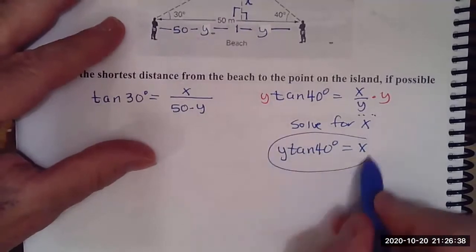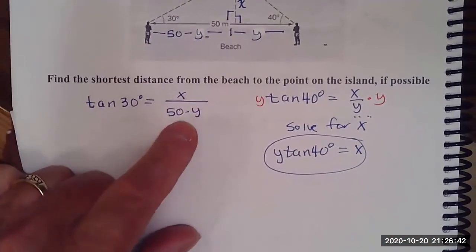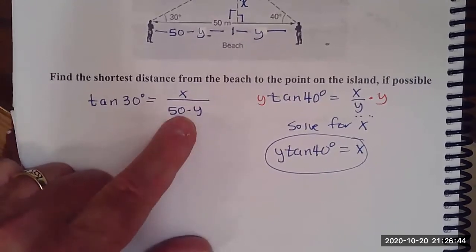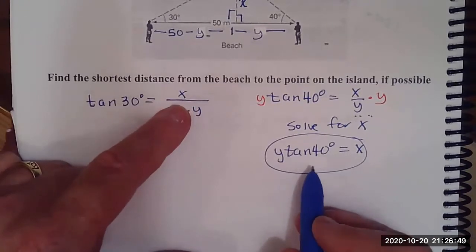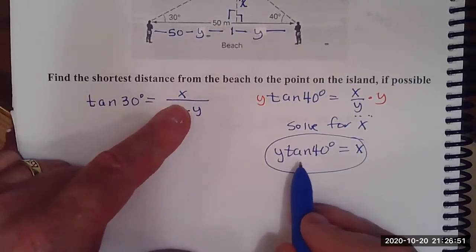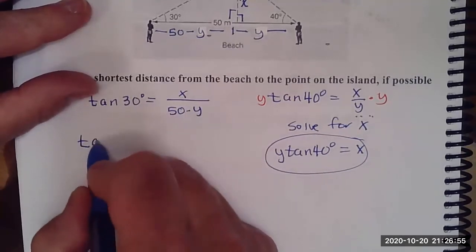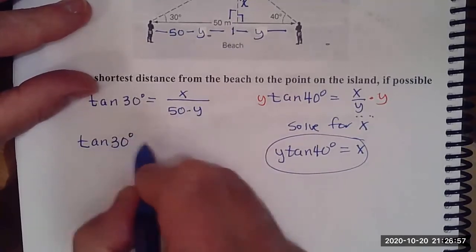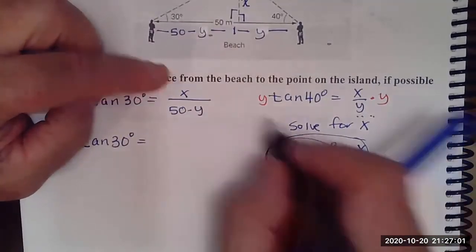Now I'm going to substitute that into this other equation. These are algebra techniques that we did in beginning algebra a couple semesters ago. I'm trying to narrow it down to one variable. I'm going to take the x, which is y tangent 40, and replace it in this fraction. So right here, I'm putting it right there.